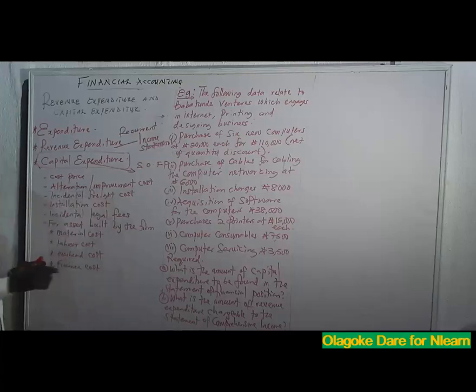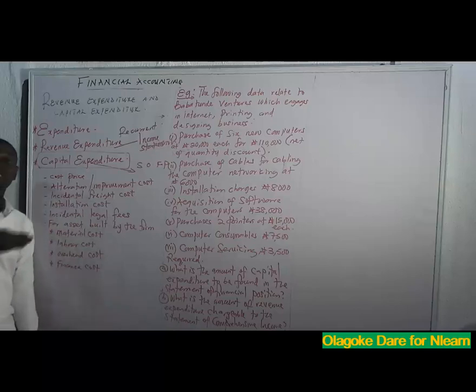Alteration and improvement cost, if you want to improve it, will be added. We have incidental costs of freight, the cost of moving from the seller's place to the buyer's place, will be added. Installation cost, the cost of fixing it to make it functional, will be added to the capital expenditure.